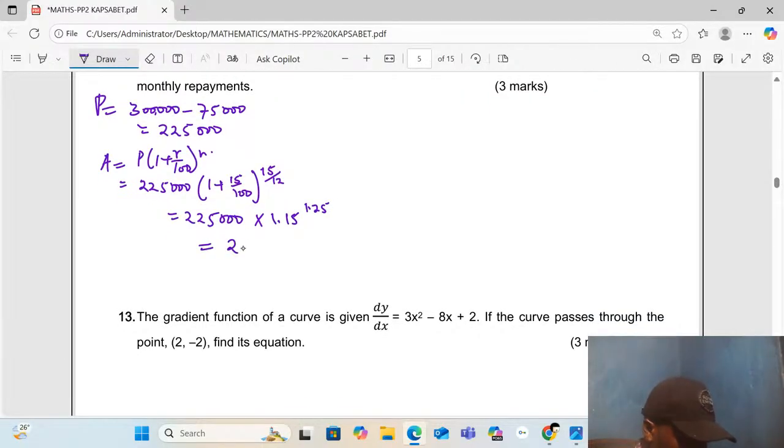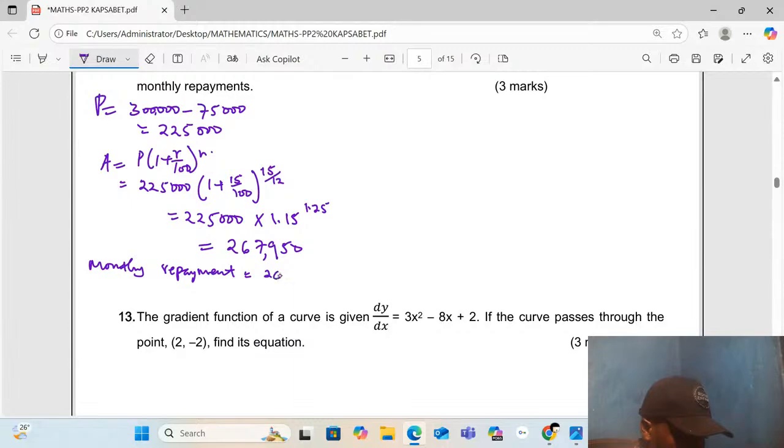The amount will be 267,950. So this is now the amount. But now we want to look at the monthly repayment every month, the amount that he's paying every month.